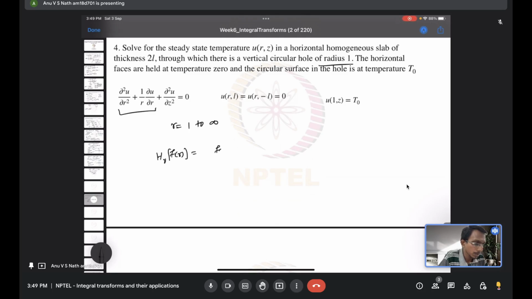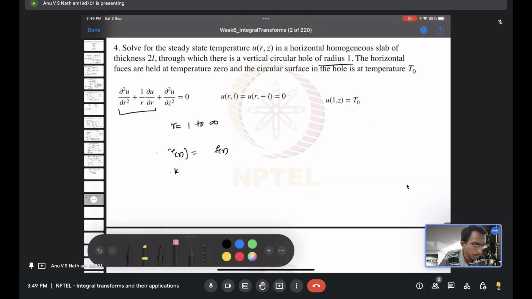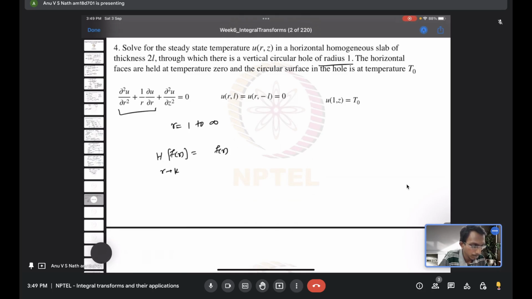So it's f of r into j nu of kr into r dr from 0 to infinity.